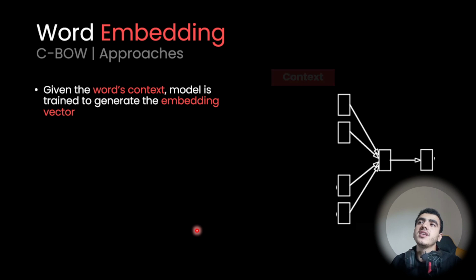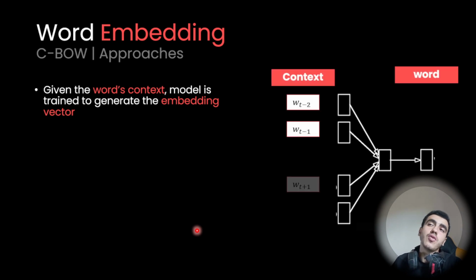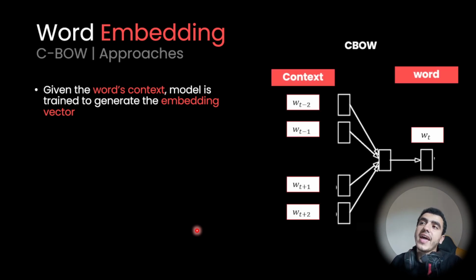So basically, what does the continuous bag of words do? It has a context window. If I have a context window of 4 tokens, I'm having 2 words before the target token and 2 words after it, and I need to predict the target word within this context.